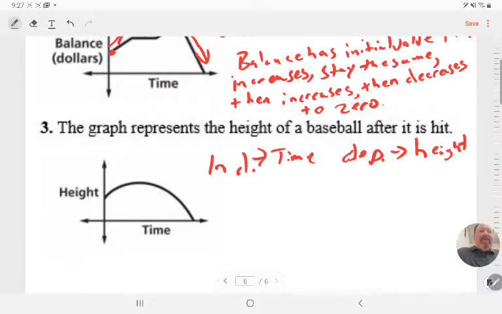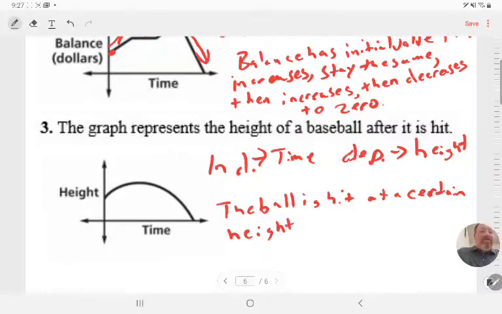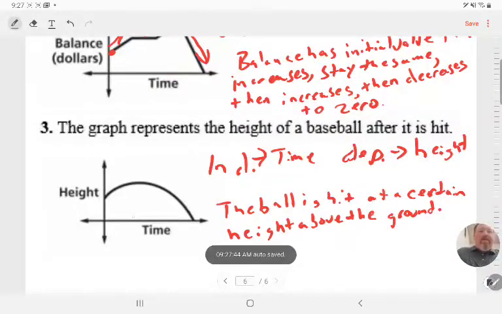So I can say the ball is hit at a certain height above the ground. Okay, we didn't start at 0, we started up here. So it's hit at a certain spot above the ground.